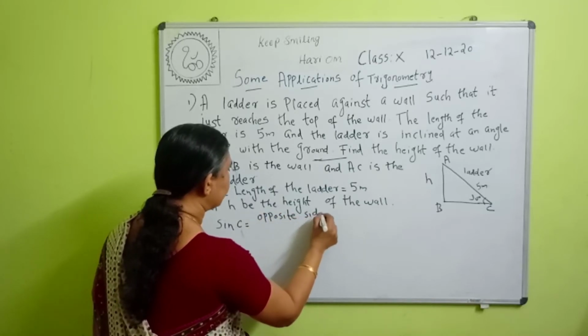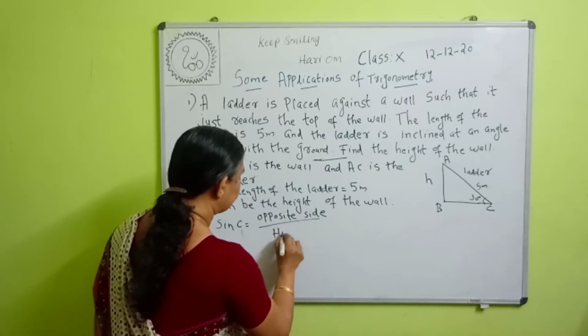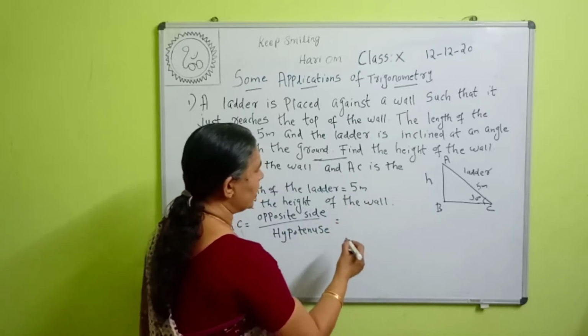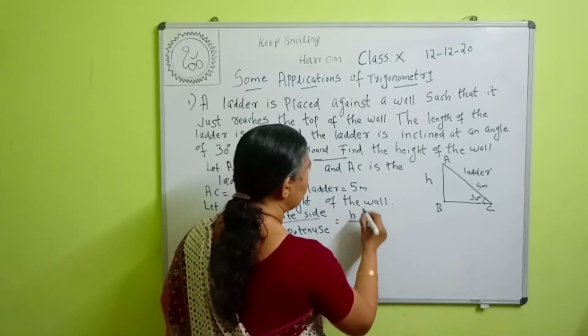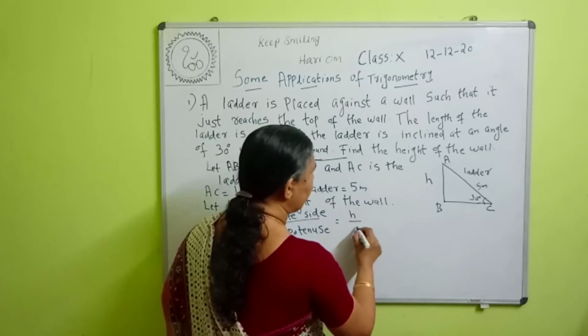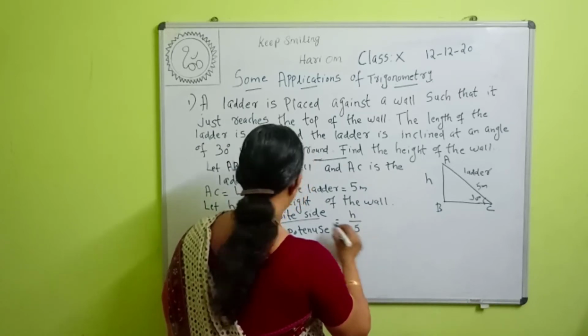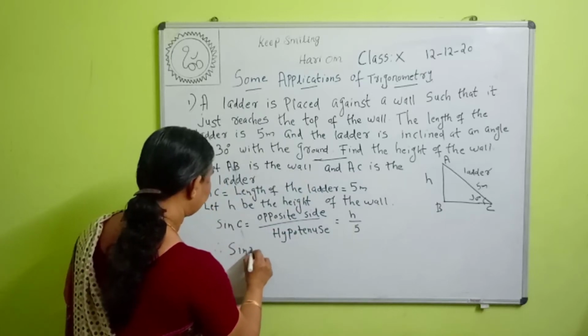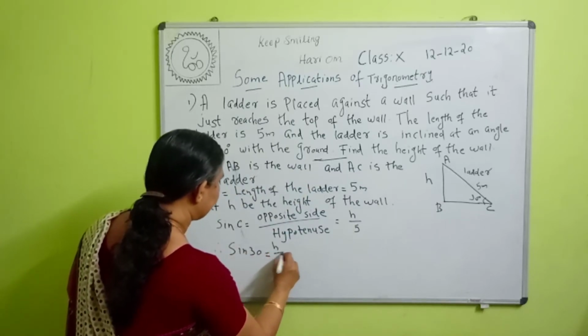Here what is the opposite side? H. By AC, which is 5. Then H by 5. Therefore, sin 30 is equal to H by 5.